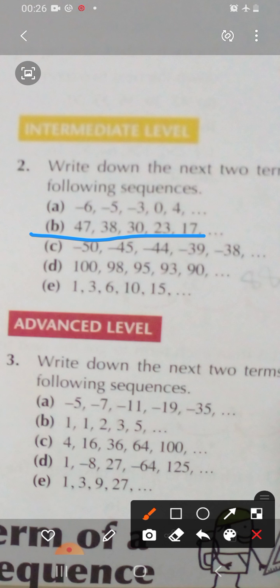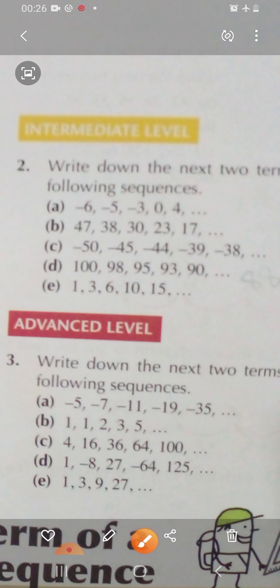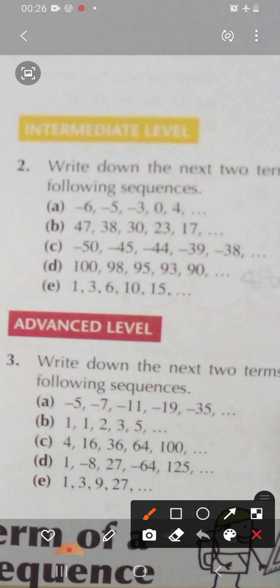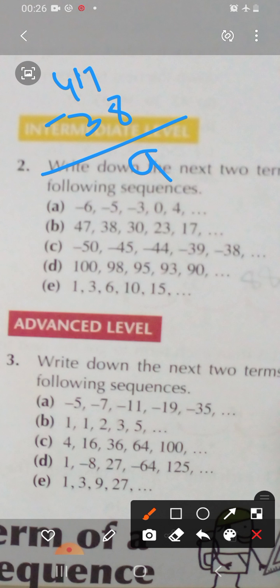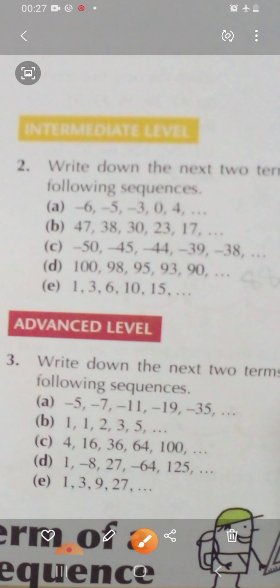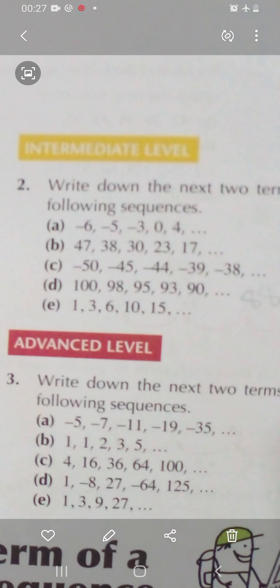To check how much it is decreasing, we will do 47 minus 38, which is 9. Then from 38 to 30 it is minus 8.